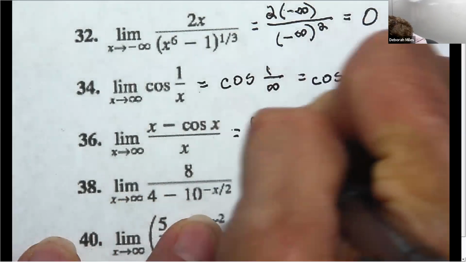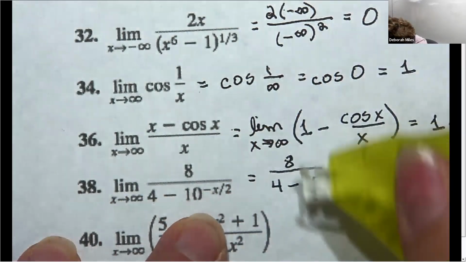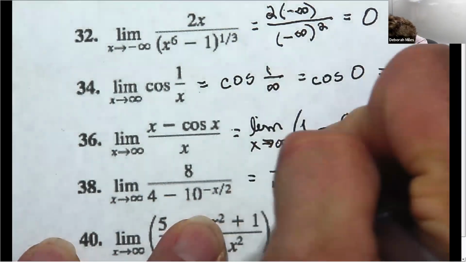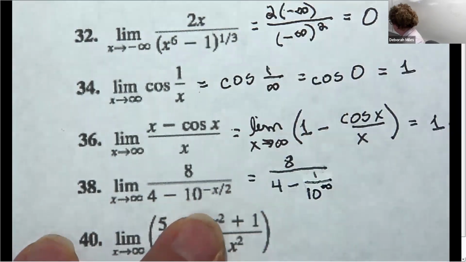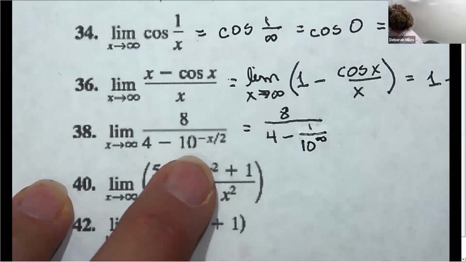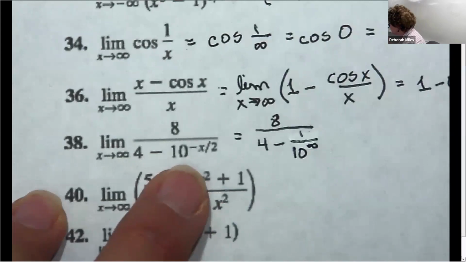Okay, let me write that down. 4 minus 1 over 10 to the infinity. And 1 over 10 to the infinity is what?